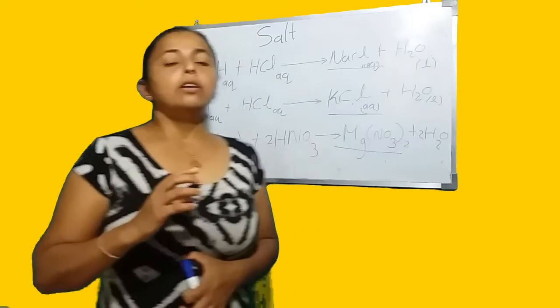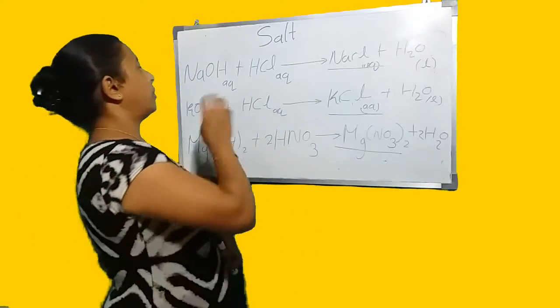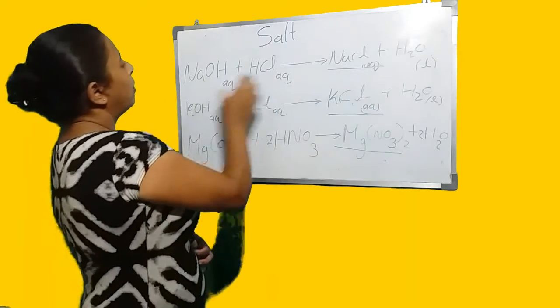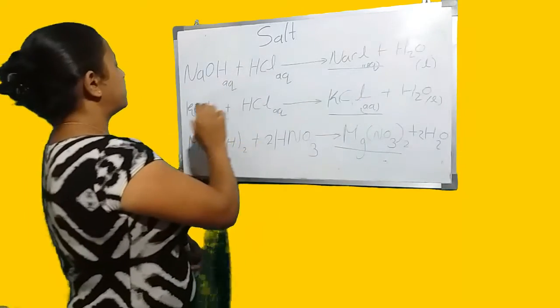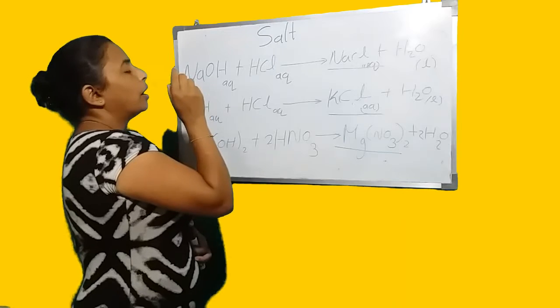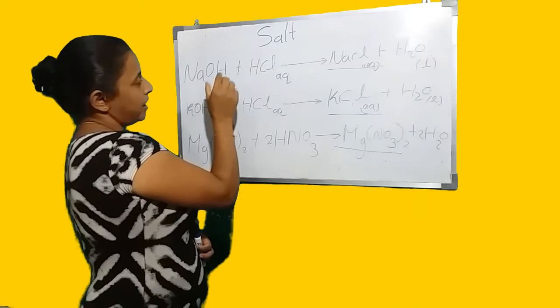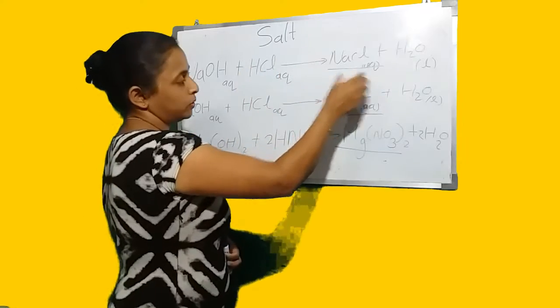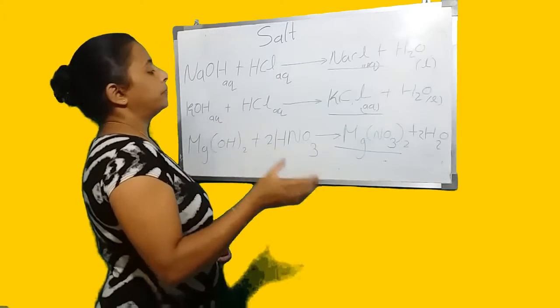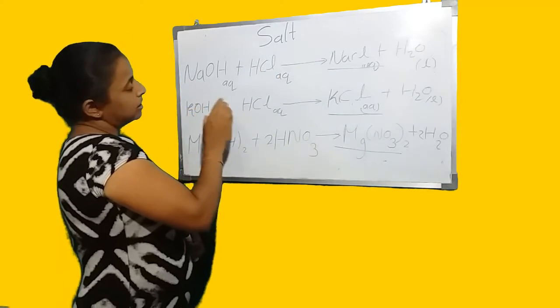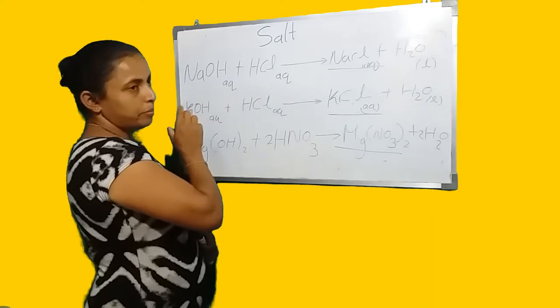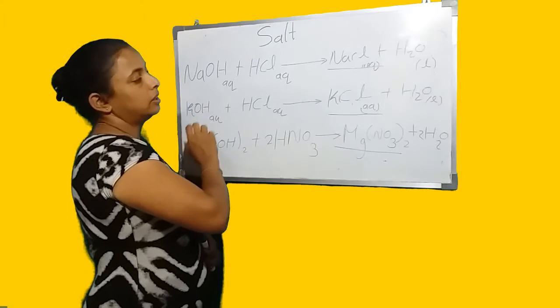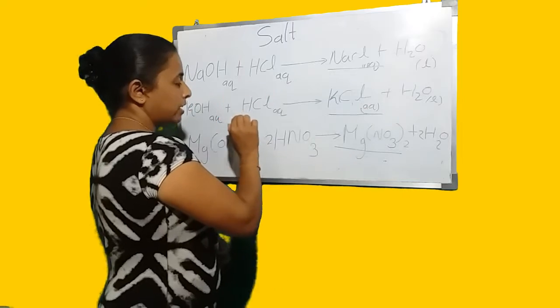Then salt forms by reaction with strong base and strong acid. Salt is neutral. Then if the acid is strong and base is weak, the salt is acidic.